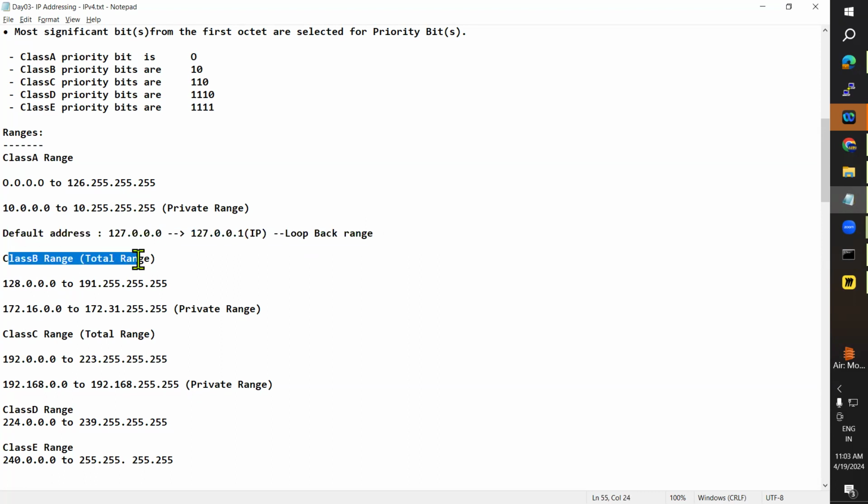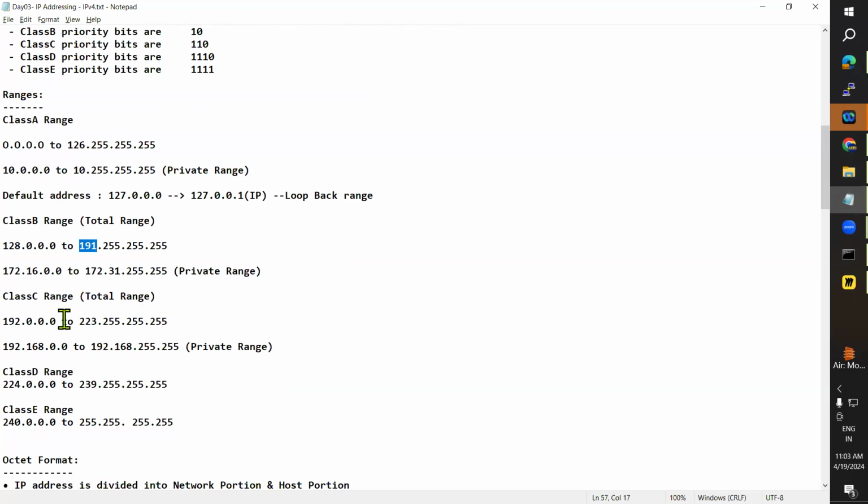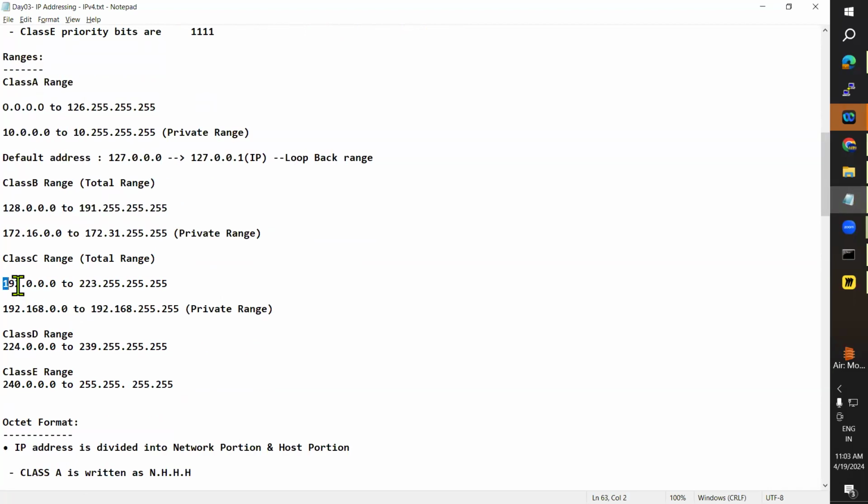Next, coming to class B range. Sorry, class B range starts from 128 to 191. And the class C range is 192 to 223.